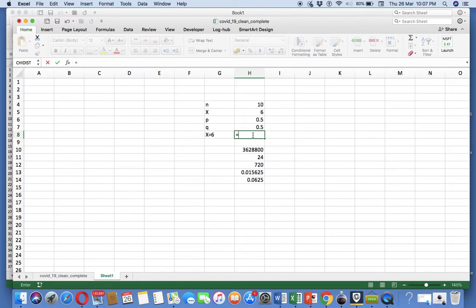So the probability is the first term divided by the product of these two, multiplied by p raised to the power of x and q raised to the power of n minus x.